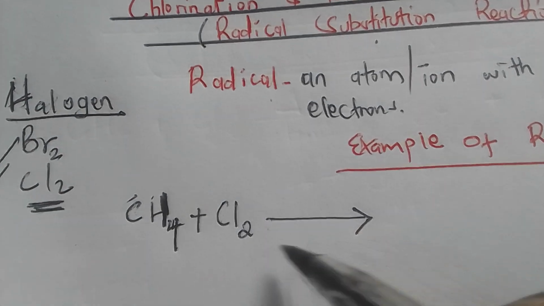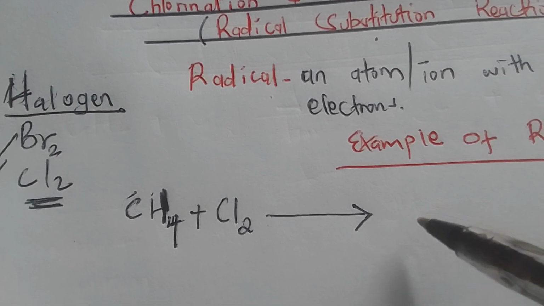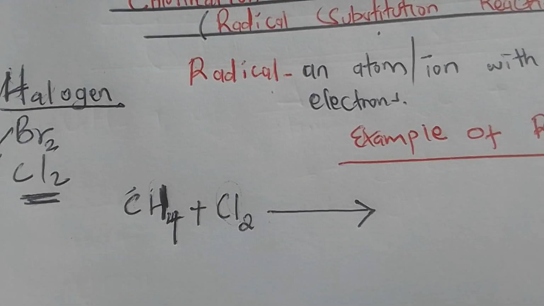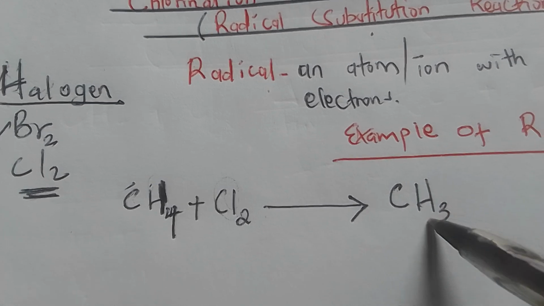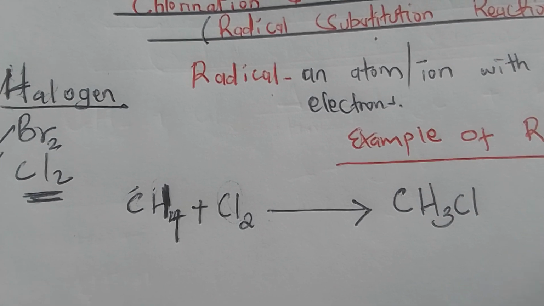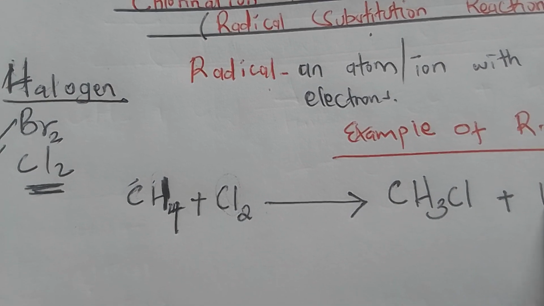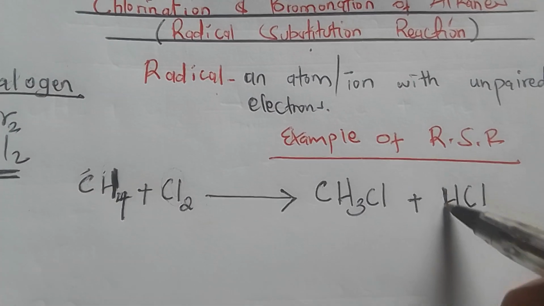And generally, when you react methane and chlorine, the substitution will happen, and one of the chlorine atoms will replace one of the hydrogens from methane, so that at the end of the day you will form methyl chloride, and of course hydrogen chloride.